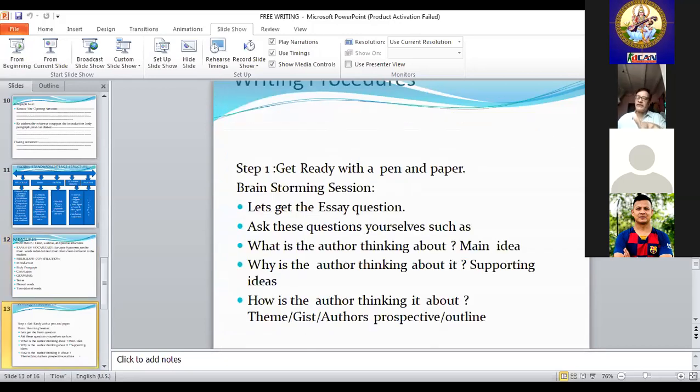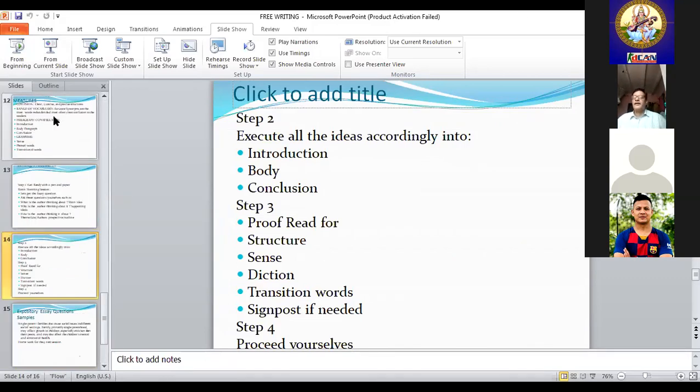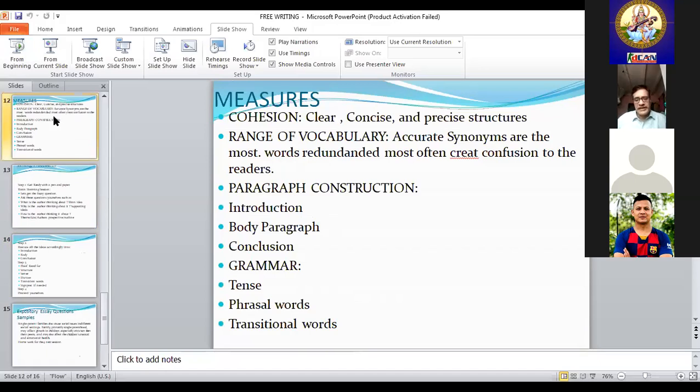The P4 one, sir. Global essay correction measures, slide number 12. Slide number 12. Slide number 12. Global essay correction measures. Very good, sir. Thank you very much. So, shall I go ahead? Rajendra sir, thank you very much.